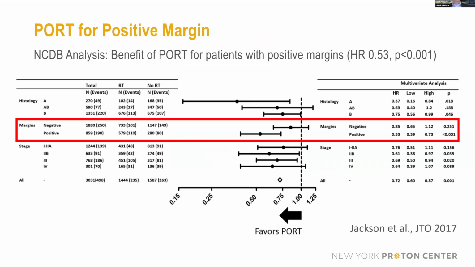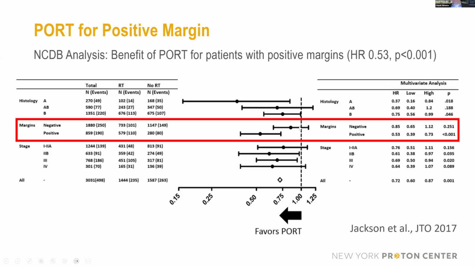What about patients with positive margins? I actually think this is a no-brainer population where we should be giving radiation. If you look at the NCDB analysis, looking specifically at margin status, if the margins were negative, there was only a trend toward a benefit. Now, remember that this is a very sloppy NCDB analysis, and you can't control for everything.